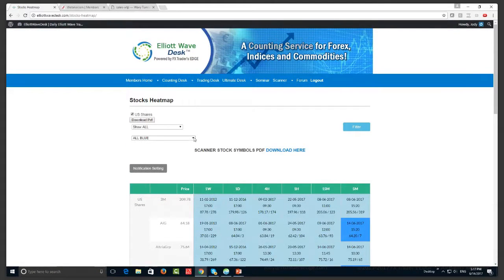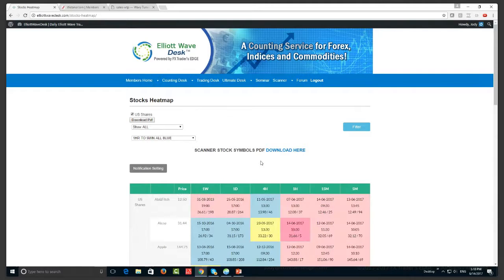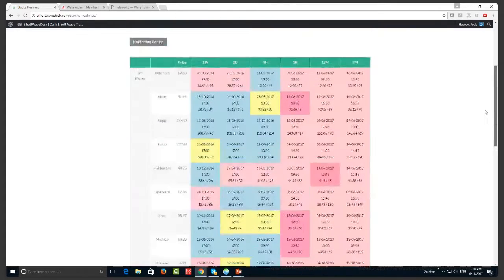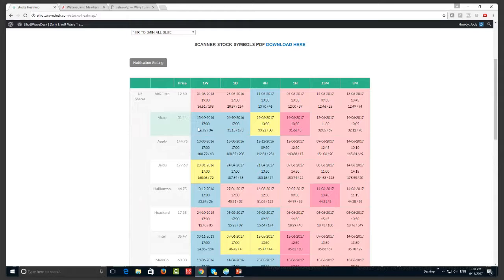Now, I want to scan for all blue from the bigger time frames and all red from the 1 hour to the 5 minute. The reason why I'm doing that is because if the markets are bullish in the bigger time frames and bearish in the smaller time frames, I want to get ready to buy these markets once the smaller time frames start to turn blue again.